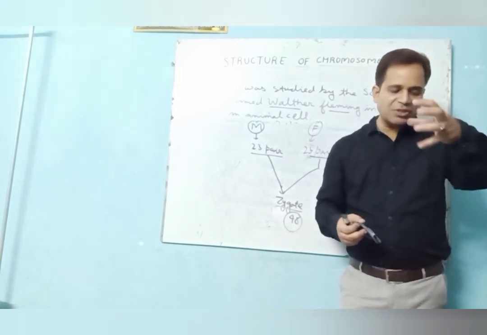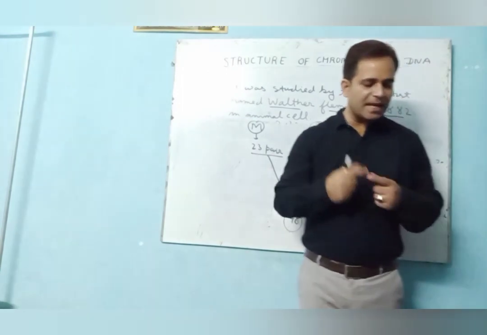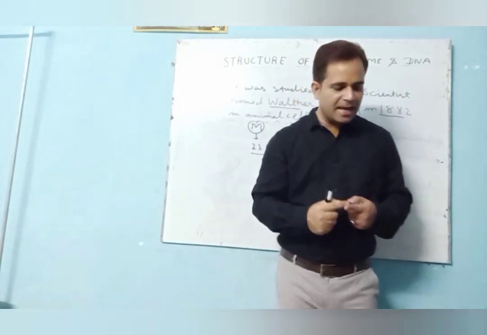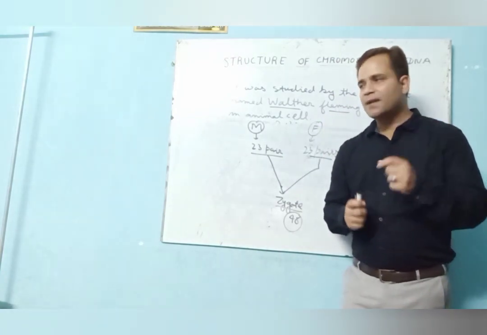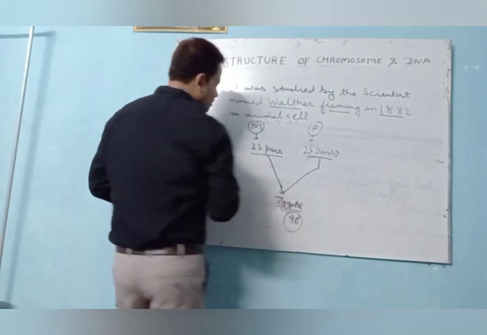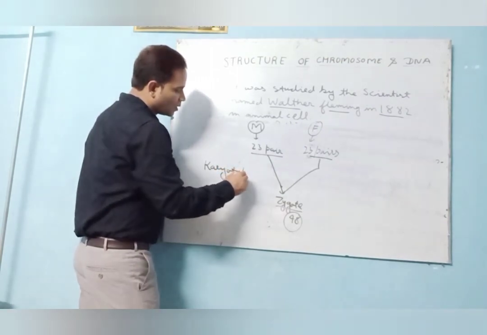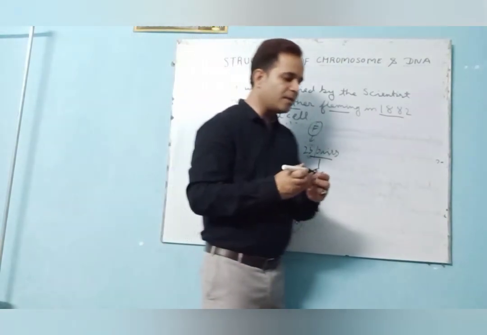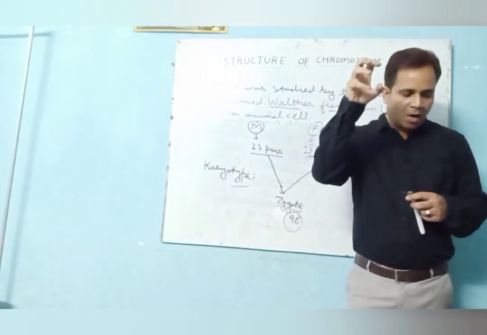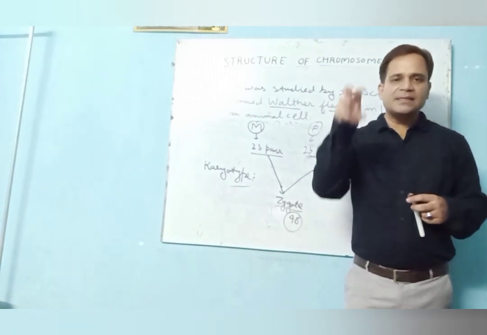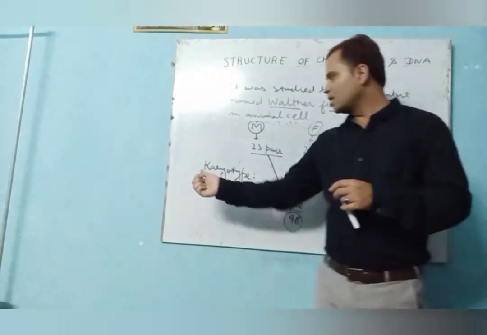It is a picture that arranges the chromosomes on the basis of the same size, shape and genetic location. Again, if anybody asks you about the term karyotype, what do you say? Karyotype is a picture that arranges the chromosomes on the basis of the same size, shape and genetic location.